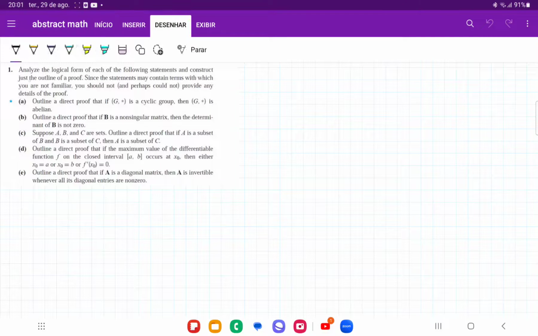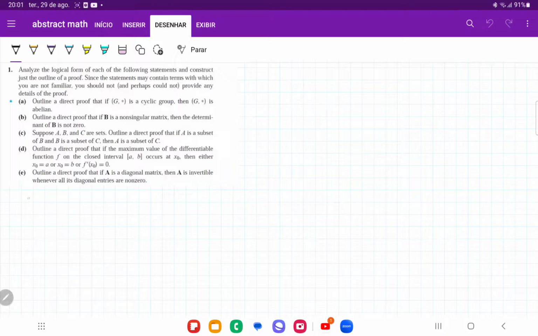So for number one, we want to analyze the logical form of each of these following statements and just construct the outline of a proof. We don't actually have to prove this, we just have to show the outline of how a direct proof goes. All we have to remember is that in a direct proof, we're trying to prove a conditional statement, right?